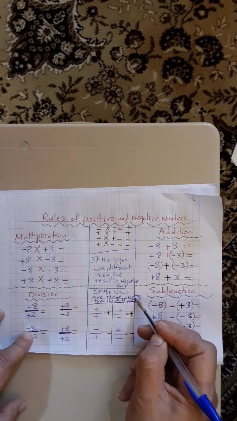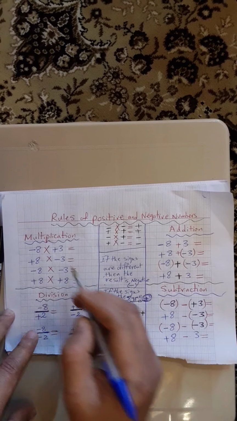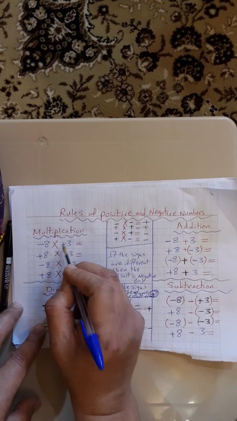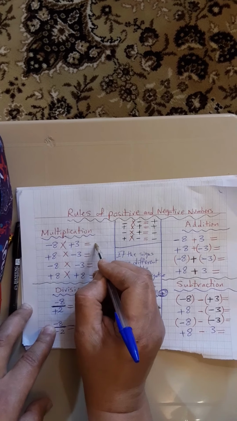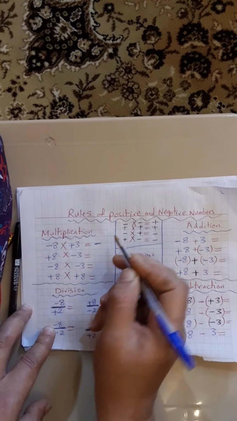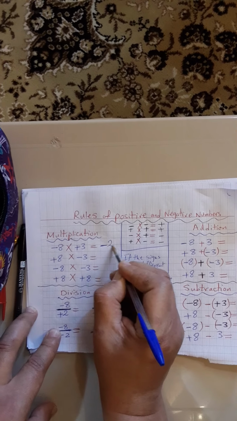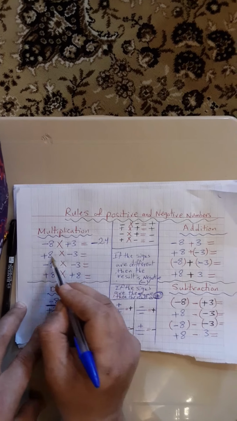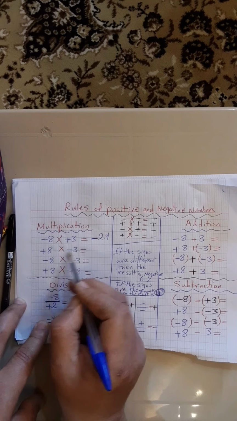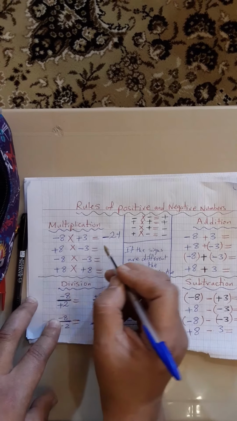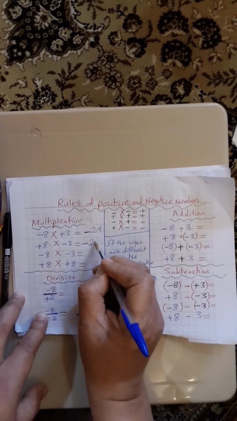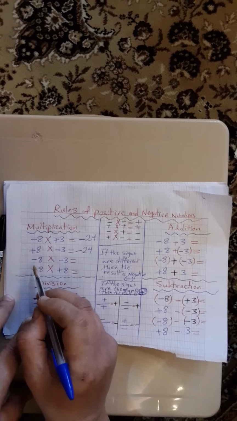The sign is plus. For example, minus 8 times plus 3: the signs are different, so the sign of the result is minus. The result is minus 24. Plus 8 times minus 3, the signs are different too, so the result is minus 24.